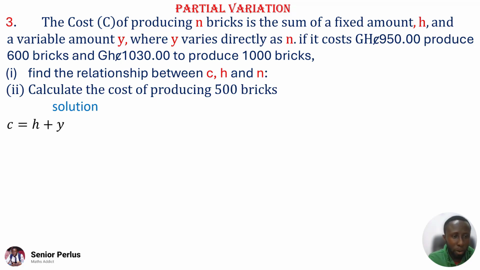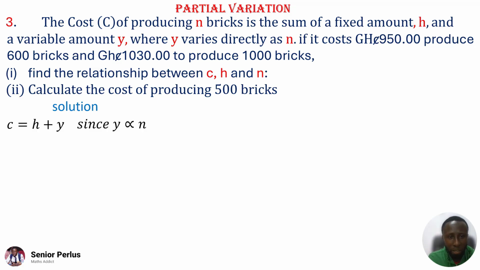So this is what they mean. It's the sum of what? H and y. Okay, that's the sum. Very good. Now, y varies directly as n.